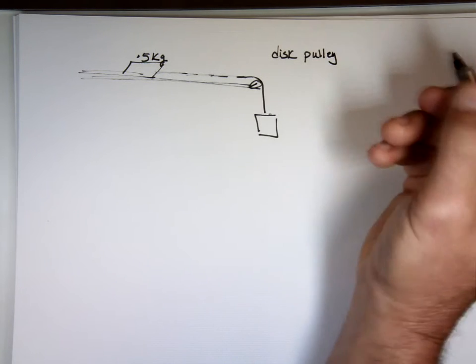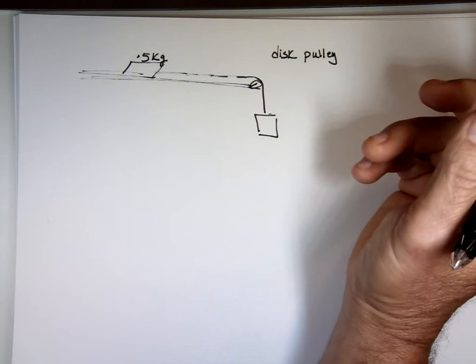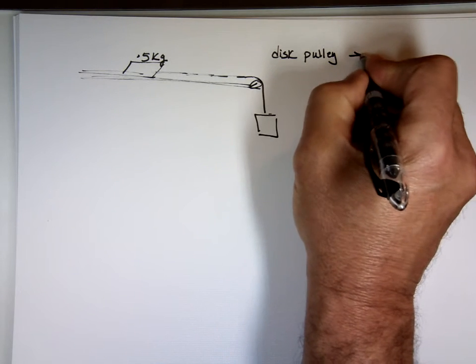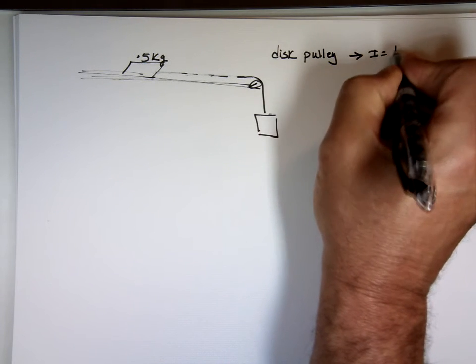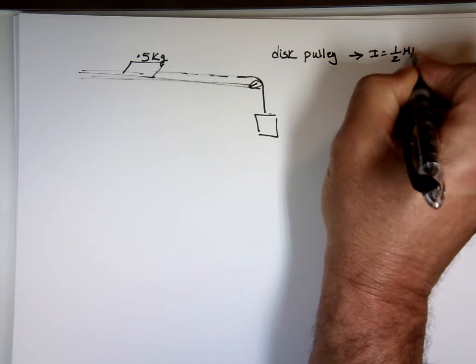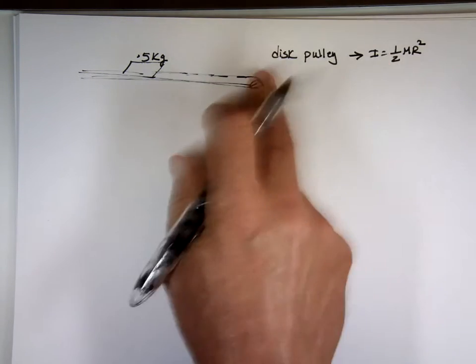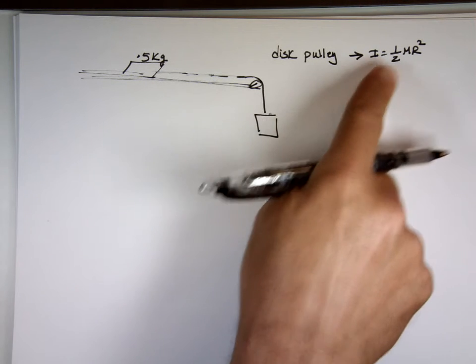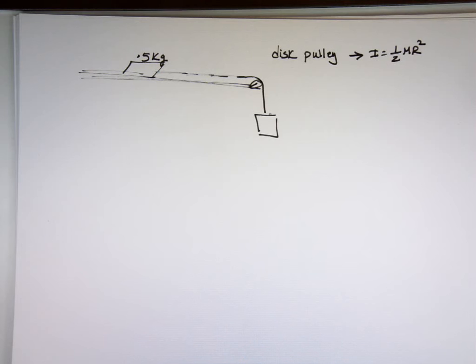If it was a hoop, it's also circular, but the word disc tells you the inertia is 1/2 mr squared. It could be a loop, like a bicycle wheel with spokes through it. That's not a solid disc, that's a hoop, and the inertia for that is mr squared instead of 1/2. Different inertia.